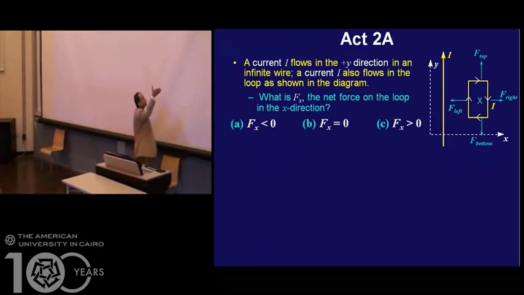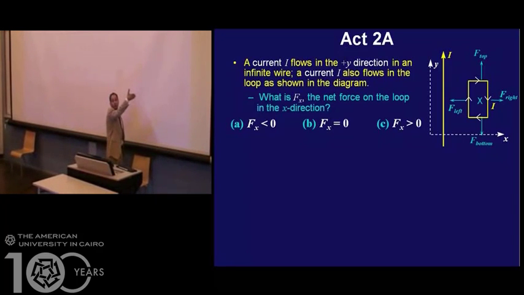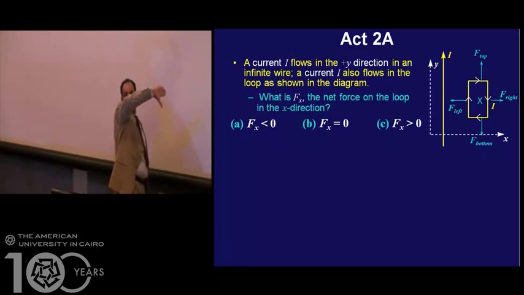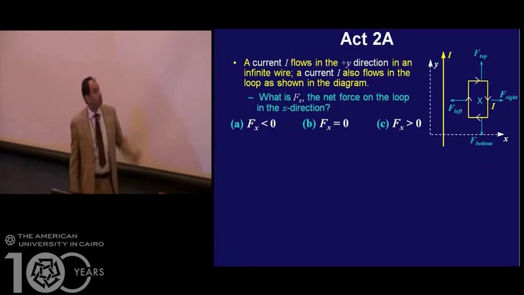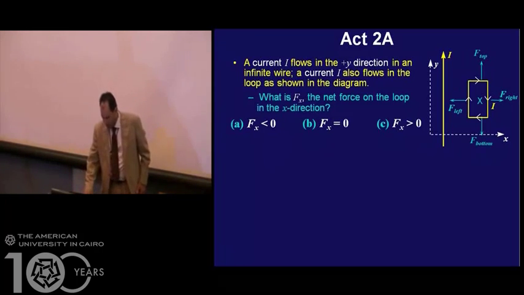The magnetic field is going to be into the screen again. This is the direction of the magnetic field, but what will be the direction of the current on that small segment? Down. So what will be the direction of the force? Outward. That's why it's to the right. Okay, guys? So that's the problem.